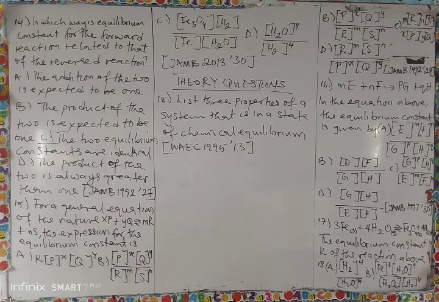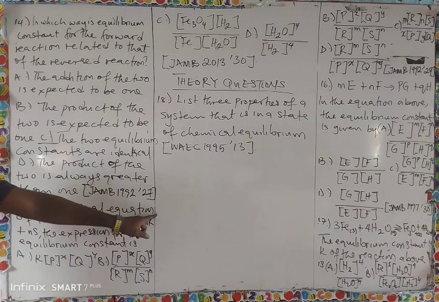Now, number 15. For a general equation of the nature xP plus yQ equals mR plus nS, the expression for the equilibrium constant is what? Product over reactant. What are the products?